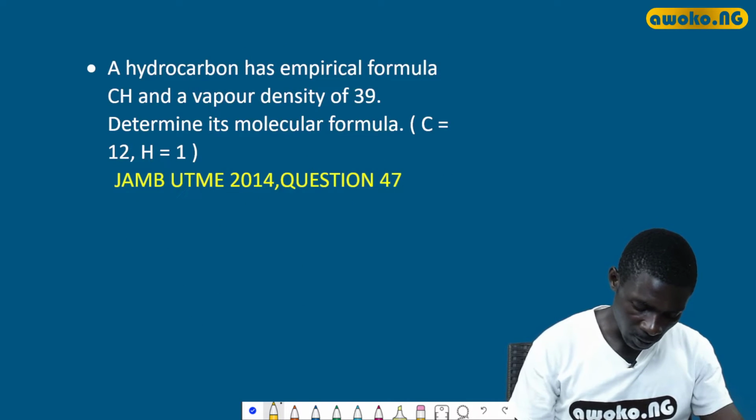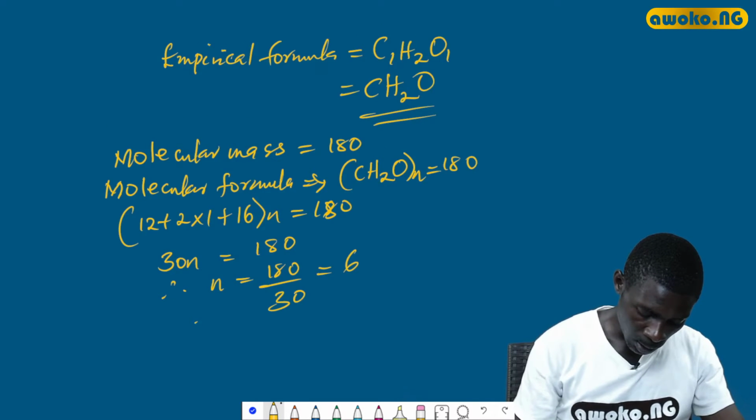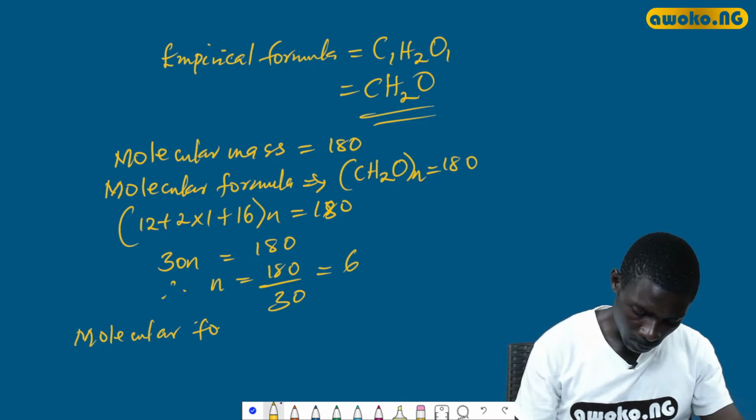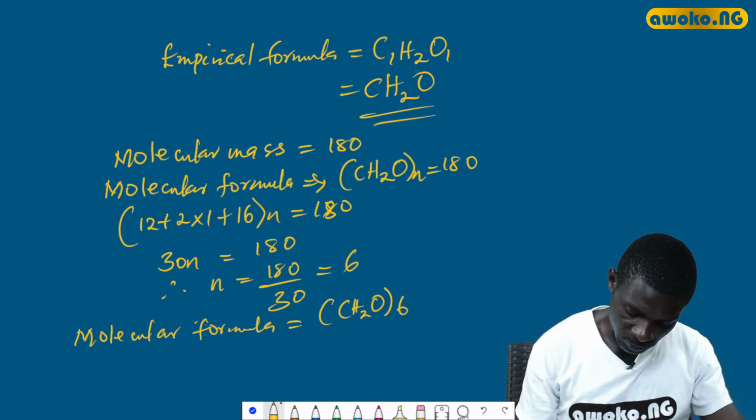So our molecular formula is equal to (CH2O) bracket 6, and this will give us C6H12O6.